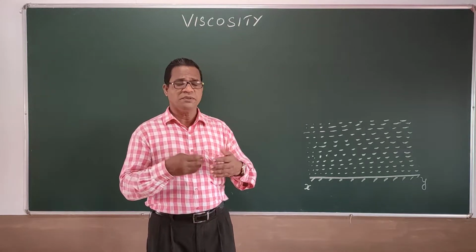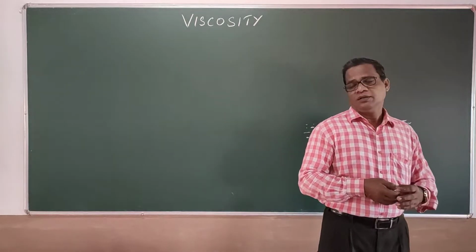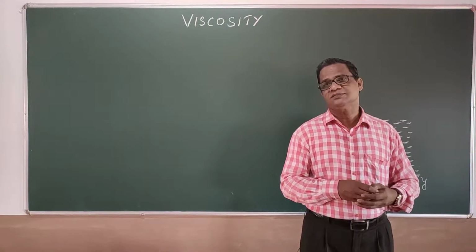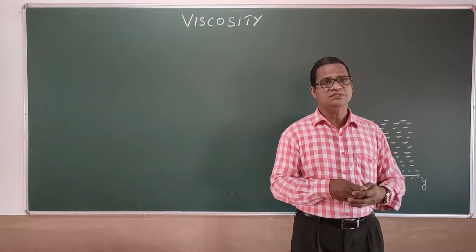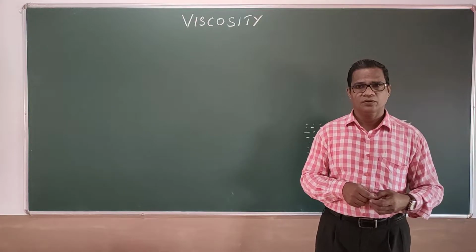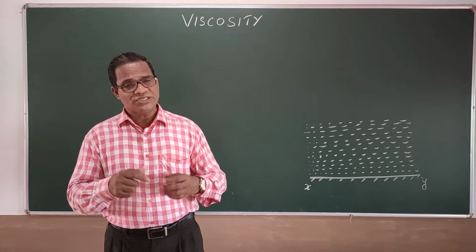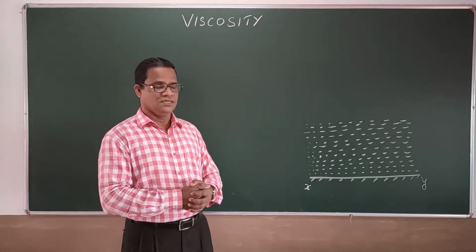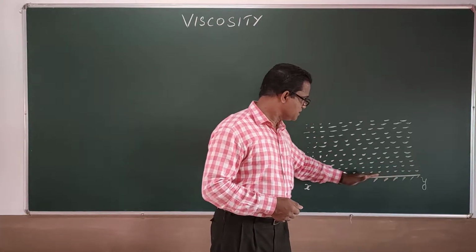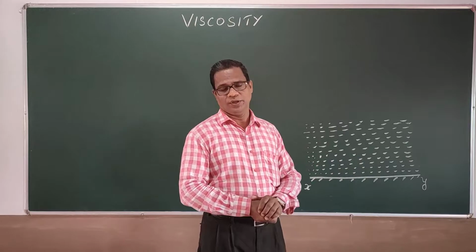Now why the speed difference? When you analyze that speed difference, that analysis relates to something called the molecular force, called cohesive force and adhesive force. To explain that in detail, let us take the solid surface XY, and on that solid surface a liquid is flowing.